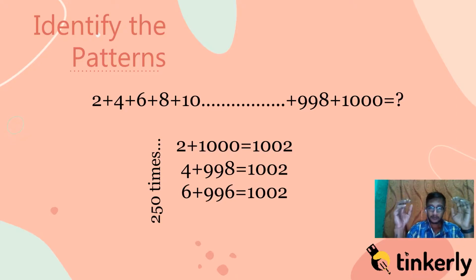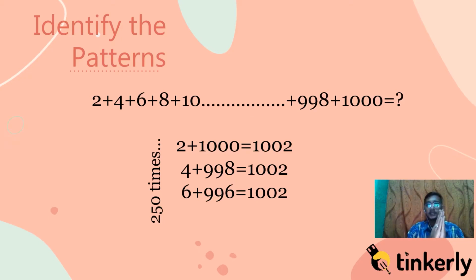So up to which step do you have to follow this process? You have to follow it up to the middle. The middle ones are 500 plus 502, which is 1002. That's the last step.